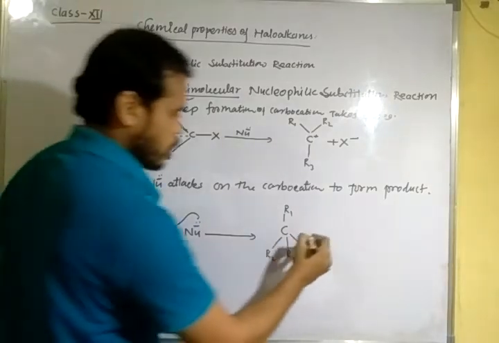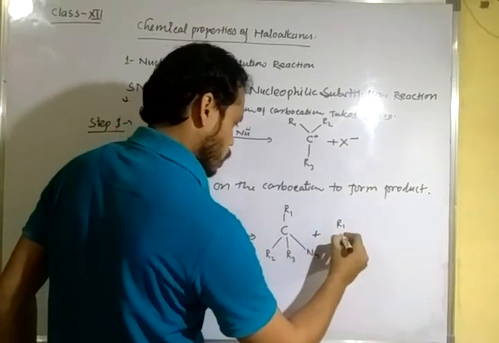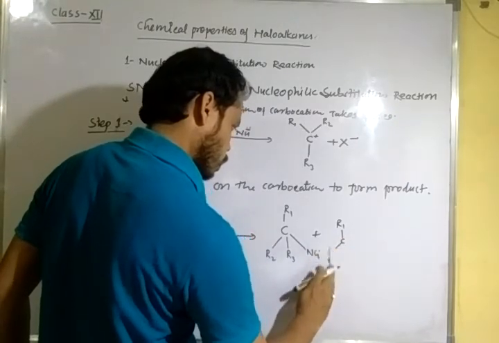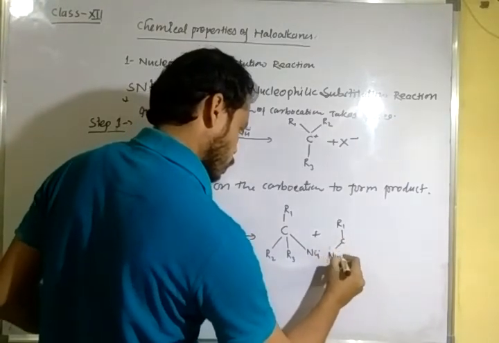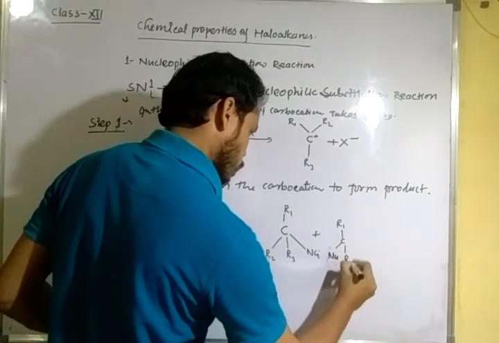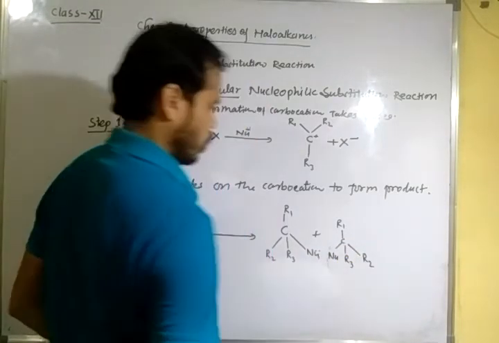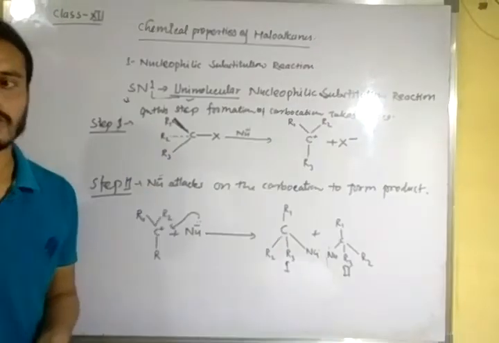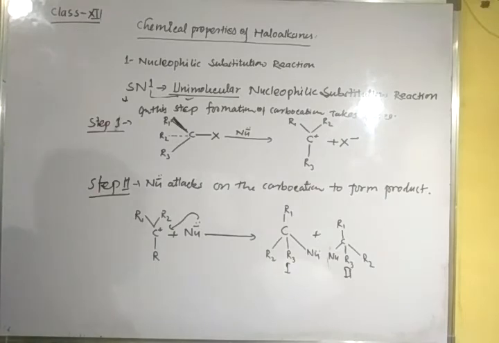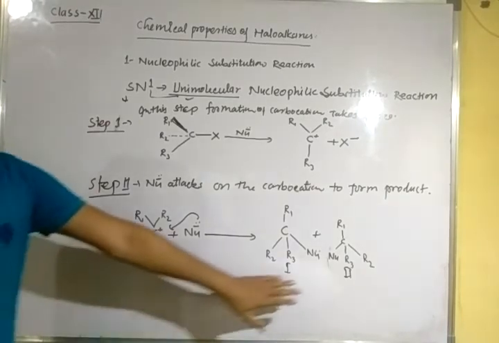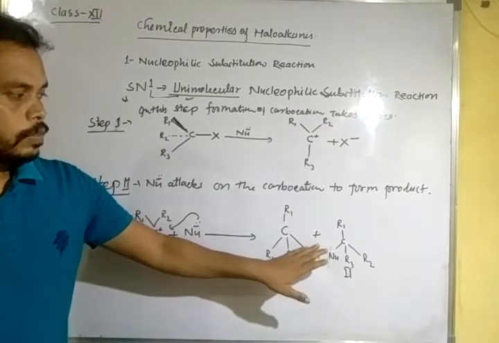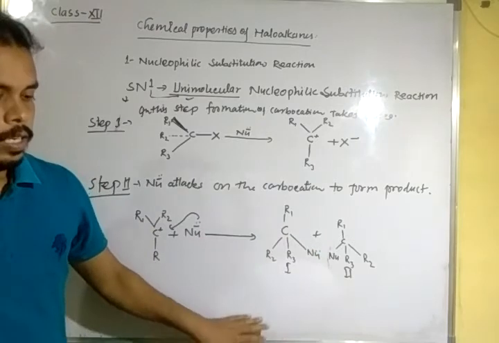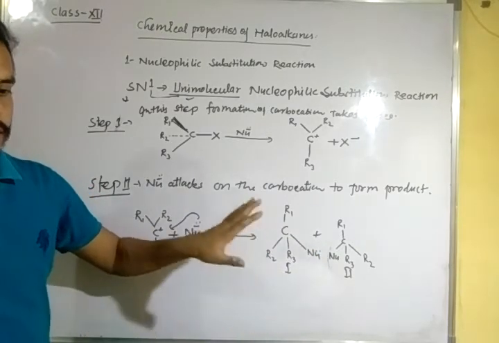And it forms a mixture, R and S, product first and product second. Product first and product second are mirror structures to each other, and they are known as enantiomers.